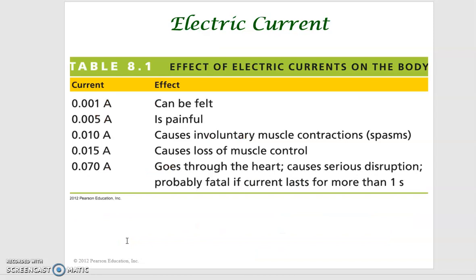Let me give you a sense of the magnitude of the electric current in our daily life. For example, your body can feel 1 milliampere, and that is already the unit we use. If you have 5 milliamperes, you already feel pain.